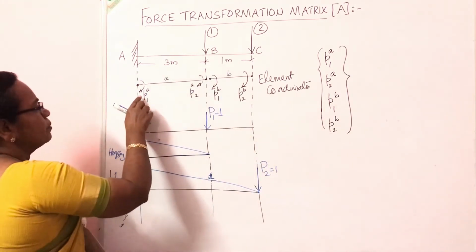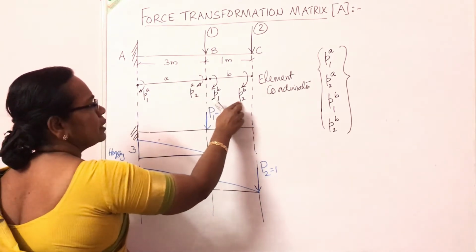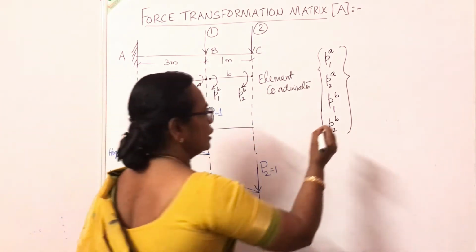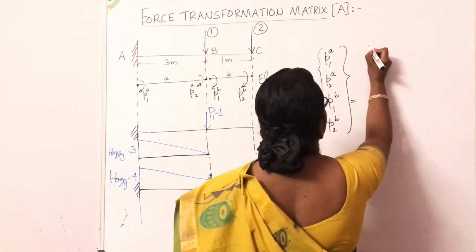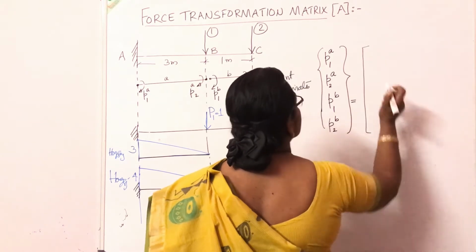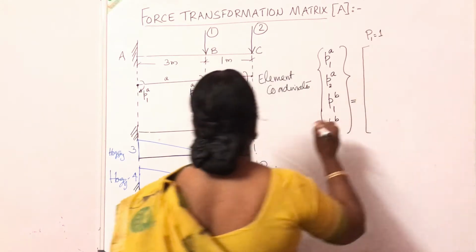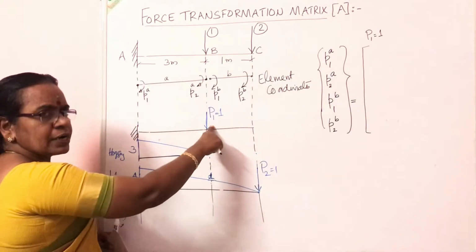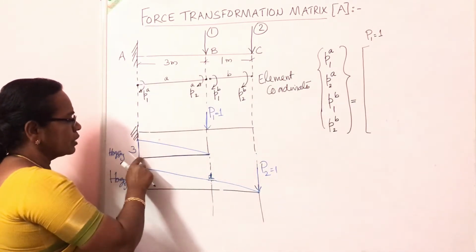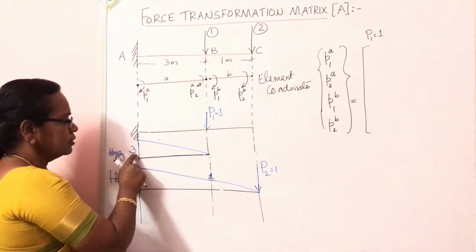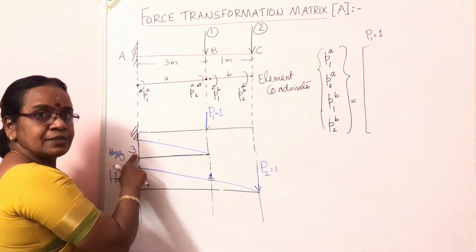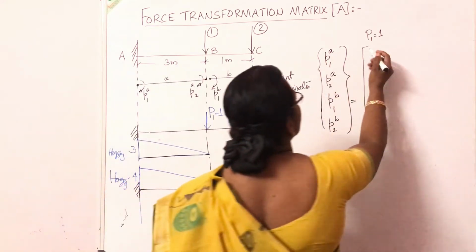So I have written P1A, P2A, P1B, P2B, that is equal to, the first column will be when I give P1 equal to 1. When I have given the load value 1 at this coordinate direction, what are the moments? You see here, the bending moment is numerically 3. So I can write P1A is 3.